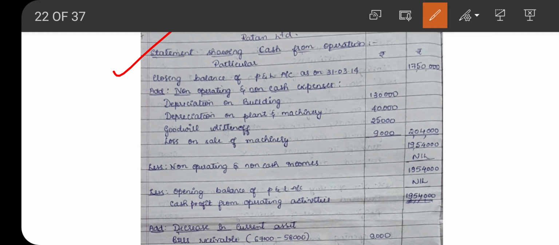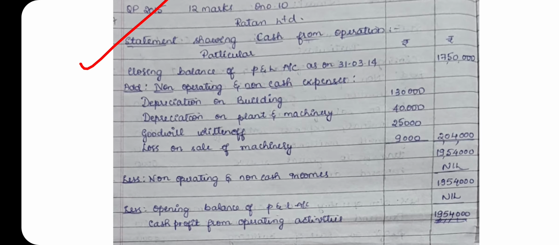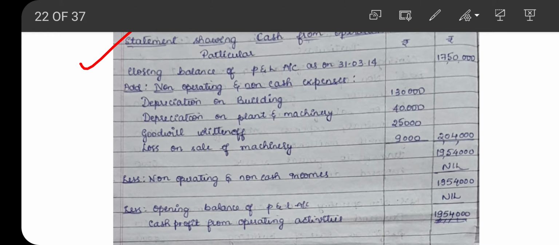Closing balance of profit and loss account as on 31st March 2014, that is given in the first line, 17,50,000.